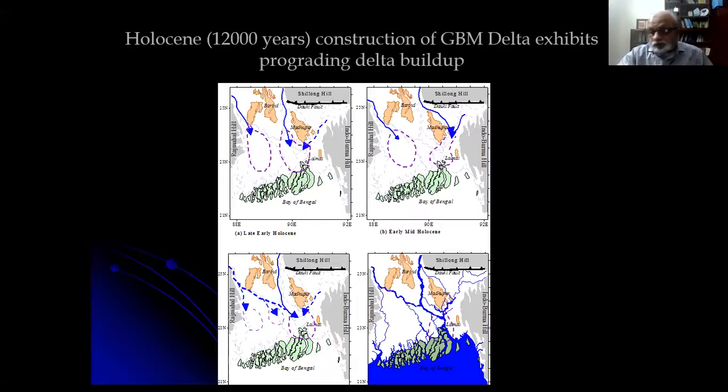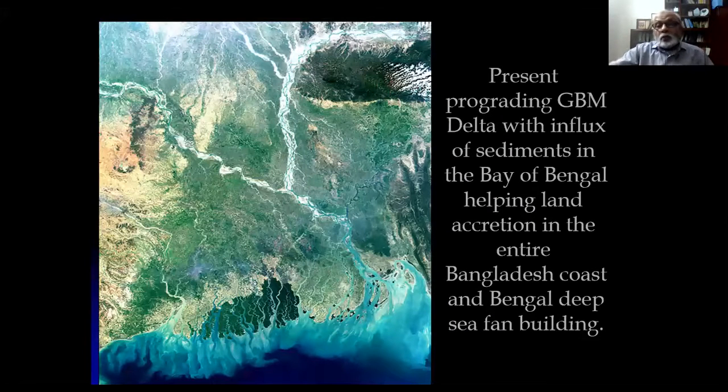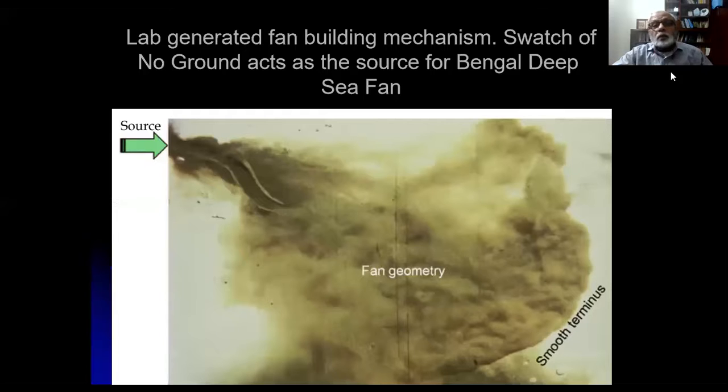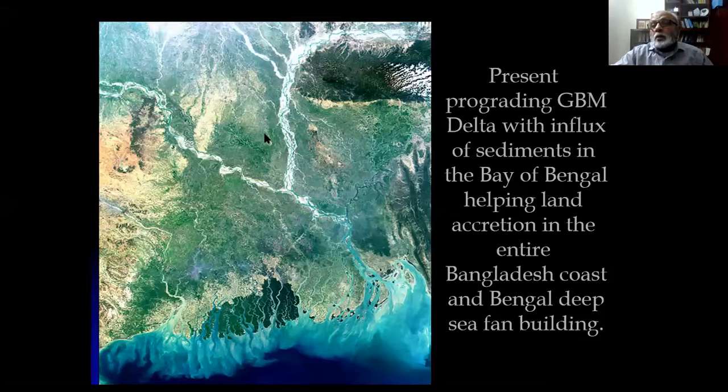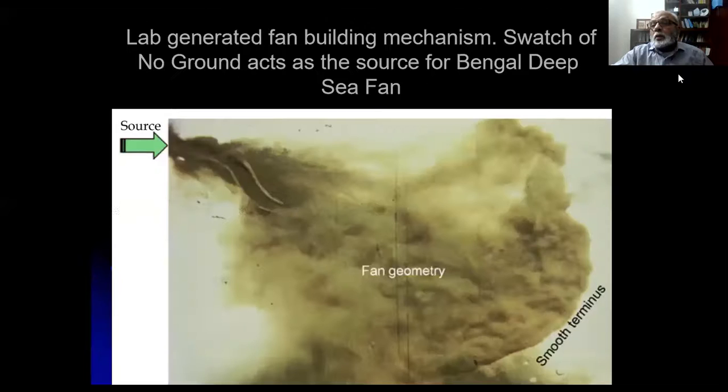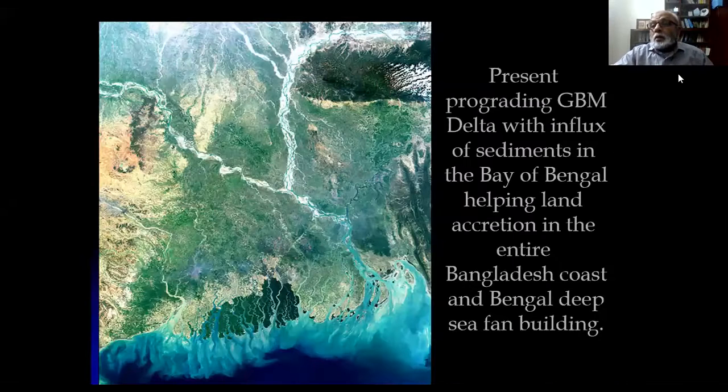Now, the present prograding GBM delta, with the influx of sediments in the Bay of Bengal, is helping land acquisition along the entire Bangladesh coast and Bengal deep sea fan building.